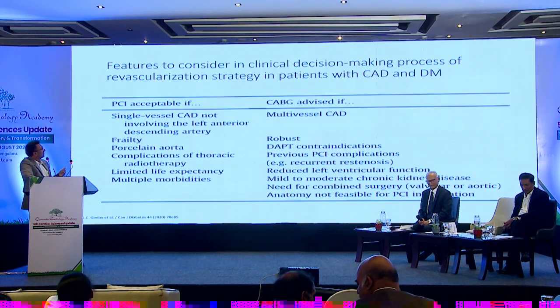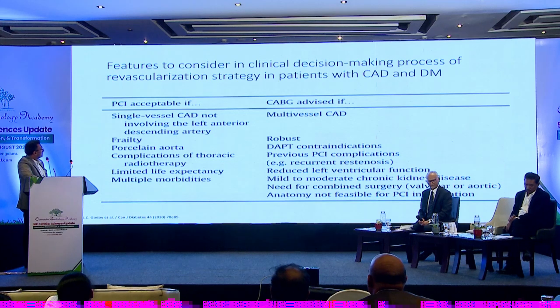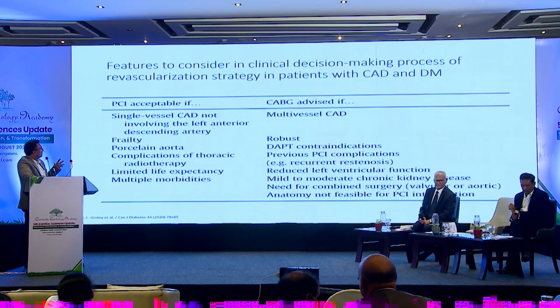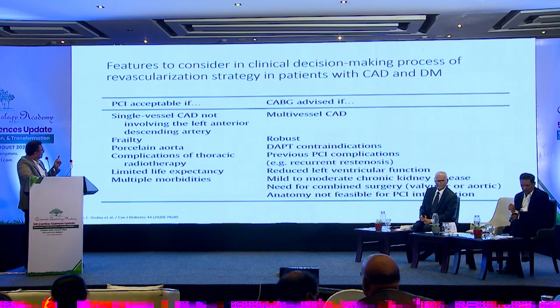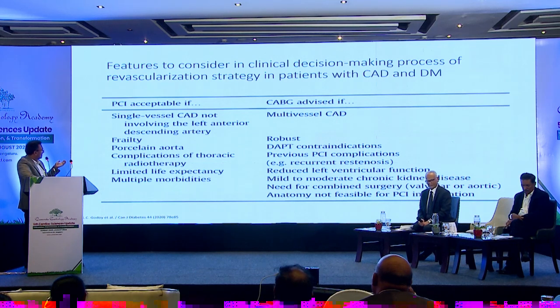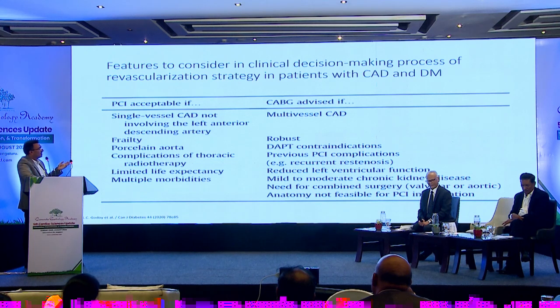So how to choose which revascularization strategy? Angioplasty is acceptable in a patient who has an indication for revascularization if the patient has single vessel CAD, not involving the left anterior descending artery, if the patient is frail, if the patient has porcelain aorta, or if there are complications of previous thoracic radiotherapy, or if the patient has limited life expectancy or multiple comorbidities.